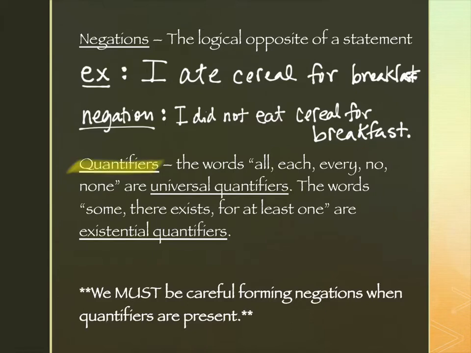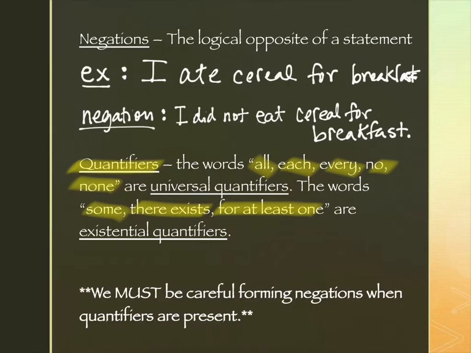So quantifiers are these words: all, each, every, no, some, and none. Some, there exists, for at least one. So there's a bunch of different kinds of quantifiers, and they specify how strong a statement can be made. All of you are enrolled in Math 1033A. All.